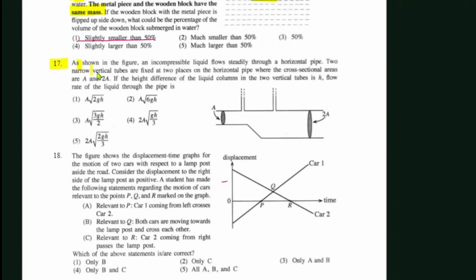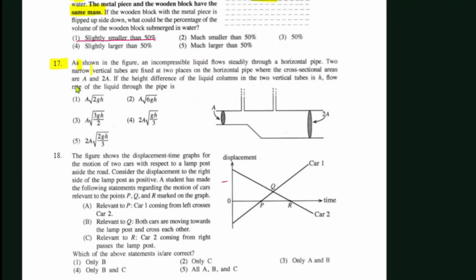And then they're saying two narrow vertical tubes are fixed at two places on the horizontal pipe. So this actually is used to measure the pressure. By using this narrow tube, we can measure the pressure.